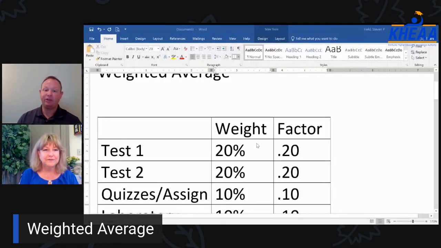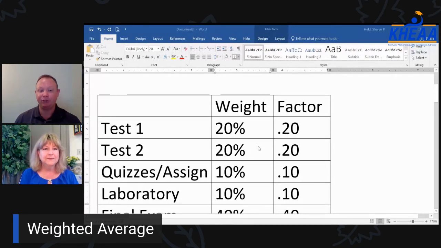And Tony, I know you like math too. Weighted average. Yeah. Now, the weighted average, and let me pull up my document here. A weighted average is where you assign weight to a number, and then you multiply that by the weighted factor.